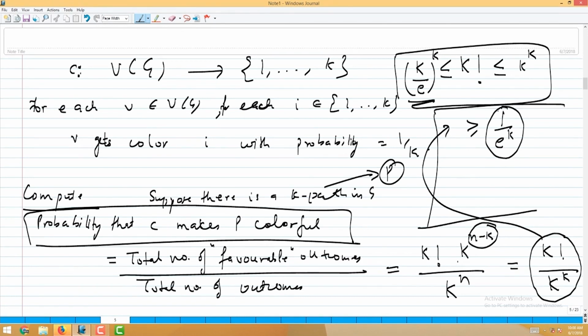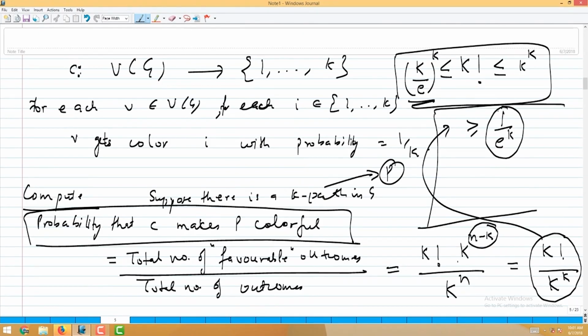So what is the result that we have proved about our k path problem? If I want to solve the k path problem, what will I do? I'll choose a coloring uniformly at random, and with probability at least 1 by e power k it will be a good coloring, in the sense that if there was a k path, then it will make that k path colorful. Now if I solve the colorful k path instance and it says yes, then we all know there is always a k path in the original graph.